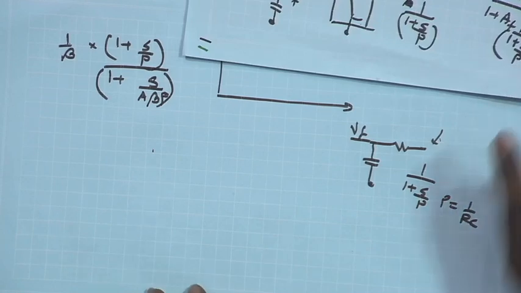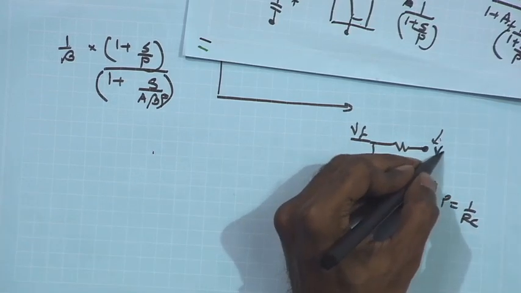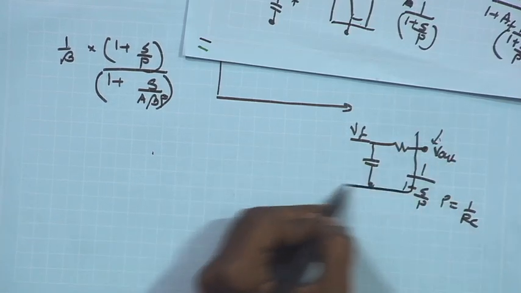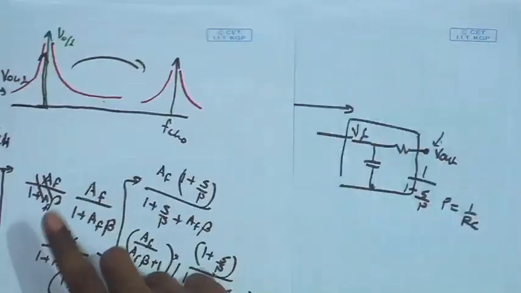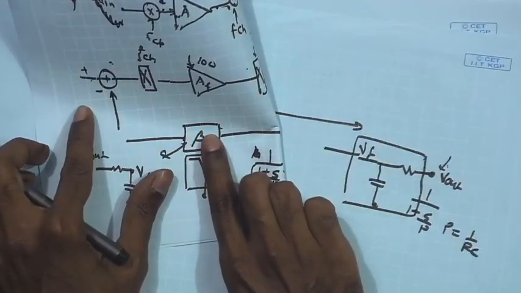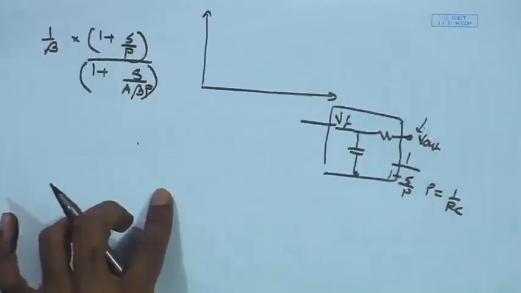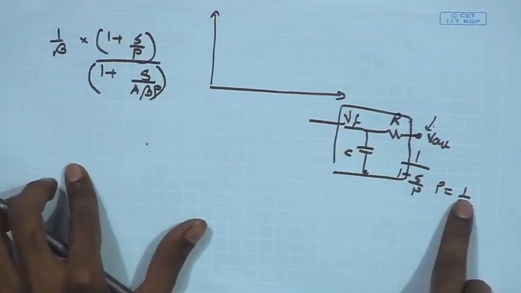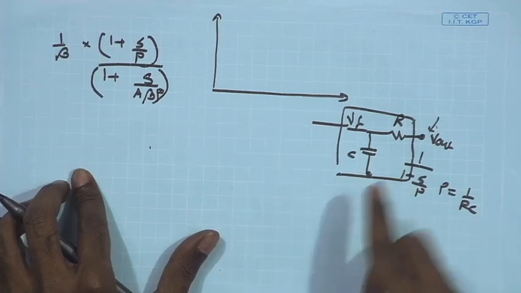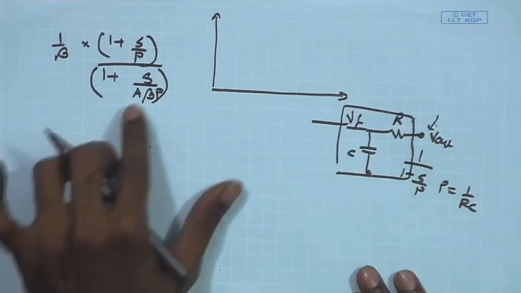This is what we have for the simple RC filter. This is the output signal being sensed by the beta network, and this is the feedback signal Vf provided. So, the beta for the low frequency signal is simply replaced by the RC network, and in that case the pass band gain is anyway unity; below the pole P the gain is unity.